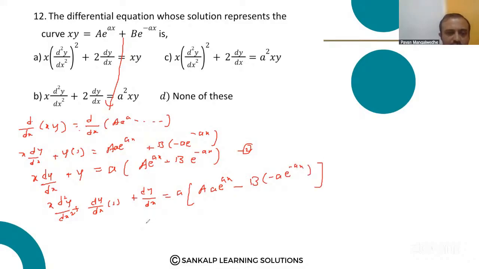So this is x into d square y by dx square plus 2 into dy by dx, which is equal to a square, that is a, and inside one more a, it is going to be multiplied, that is a square into bracket a into e raised to ax plus, that is minus of minus, it will become plus b into e raised to minus ax.